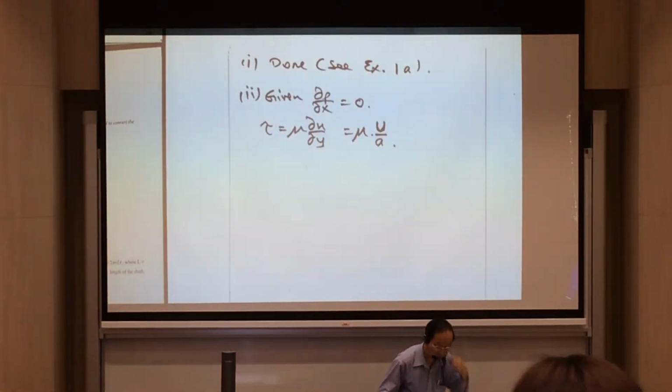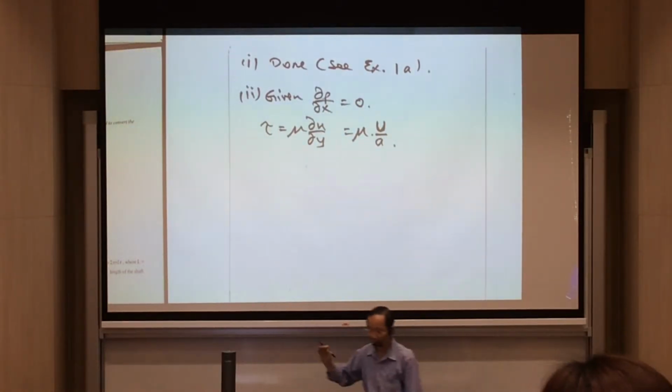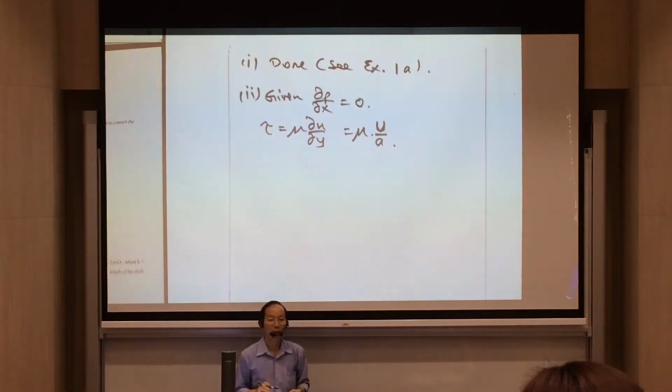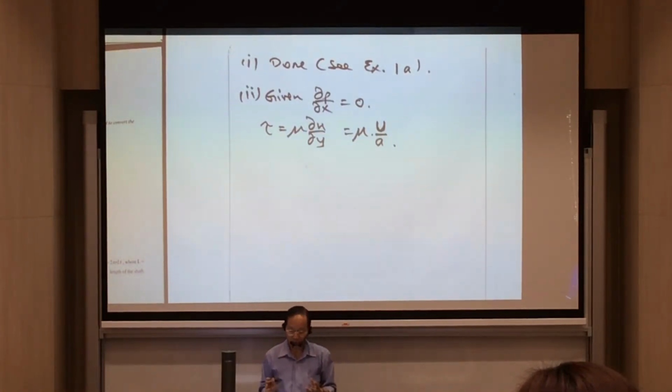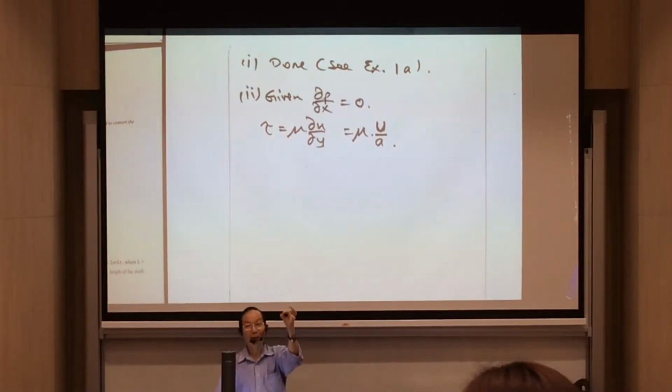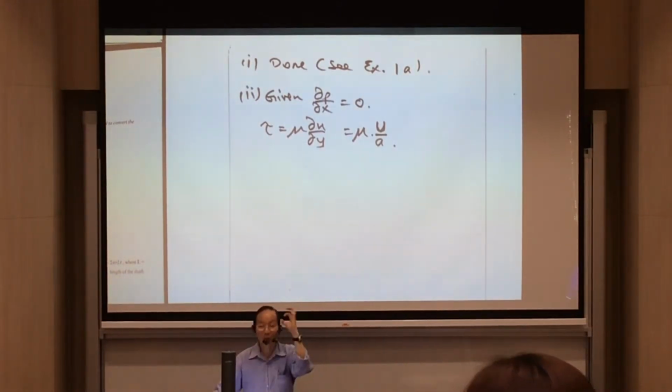Yes, a is 175 minus 5 meters. We know mu is a number, we know a is a number. What is u? Anybody? Put in some number for u. 1? Maybe 0 is better. Answer is 0. 1 also 0.